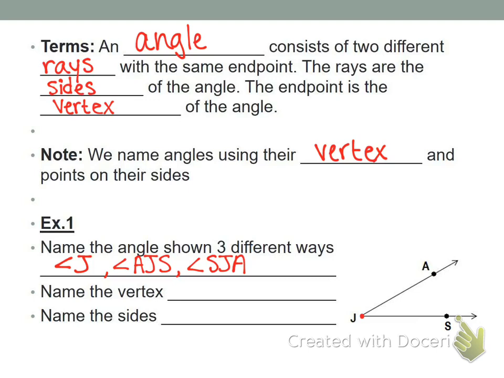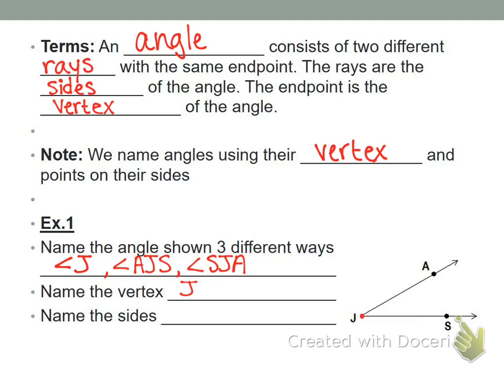The vertex, we've talked about it a lot already. What is it? J. The vertex is a point, so we just put a capital J. If you would like to write out the word point, you can, but just putting capital J is fine. The sides. Our notes above said that the sides were made by what geometric object? Rays. So if we are asked to name the sides, we better be naming rays.